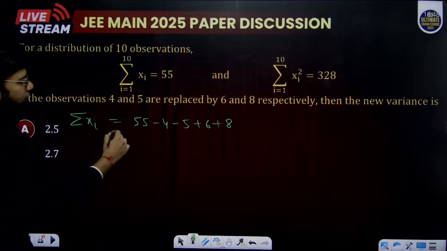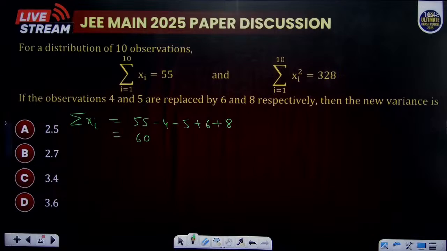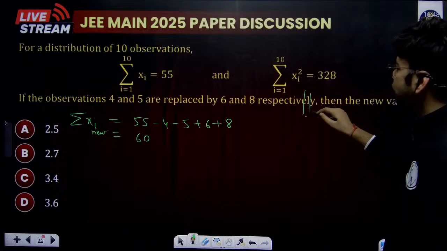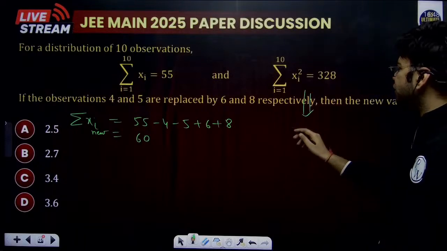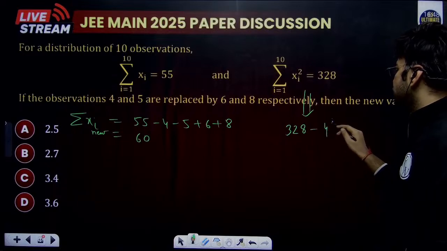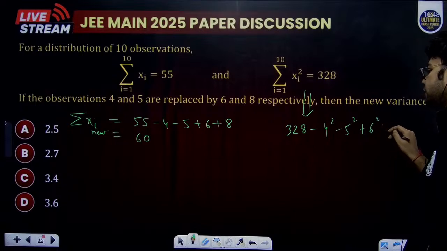So new sum will come out as 60. So this is my new sigma xi. Similarly, in order to find out new sigma xi square, what I can do is 328 minus 4 square minus 5 square plus 6 square plus 8 square.